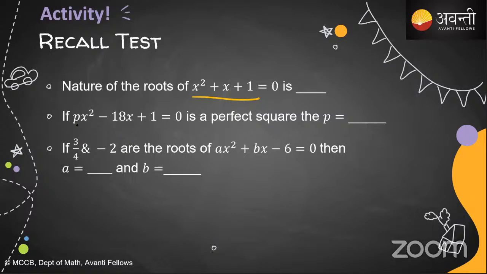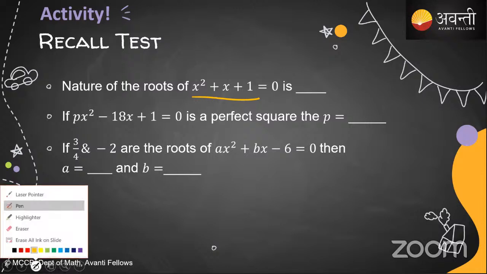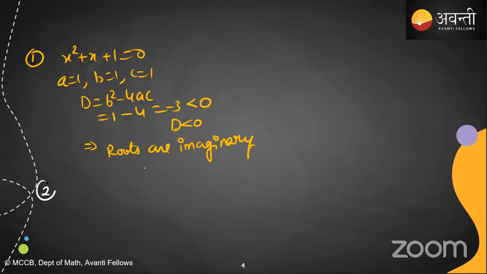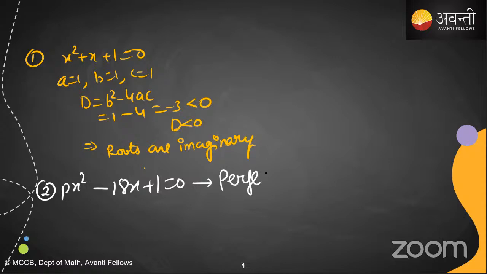Second is saying that px square minus 18x plus 1 is equal to 0 is a perfect square. Then find the value of p. So students, concentrate on the second one. It is a perfect square.